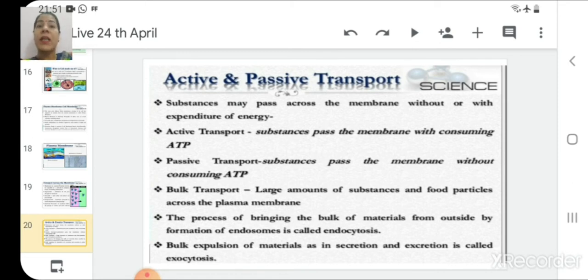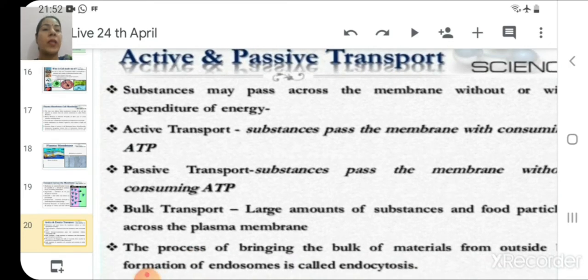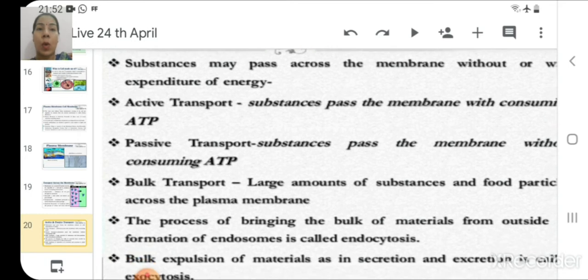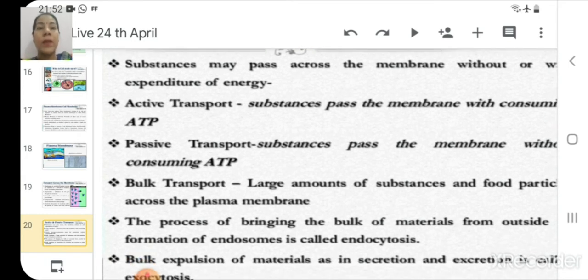Expenditure of energy means they require some energy for movement of some of the material. So active transport is the transport in which substances pass the membrane with consumption of some ATP, or in this particular type of transport, ATP or the source of energy is required. That is why this is called active transport.